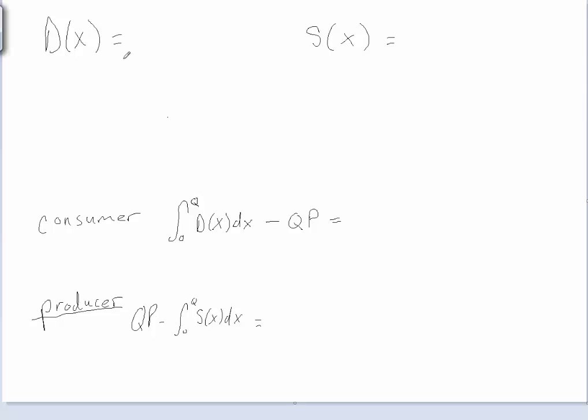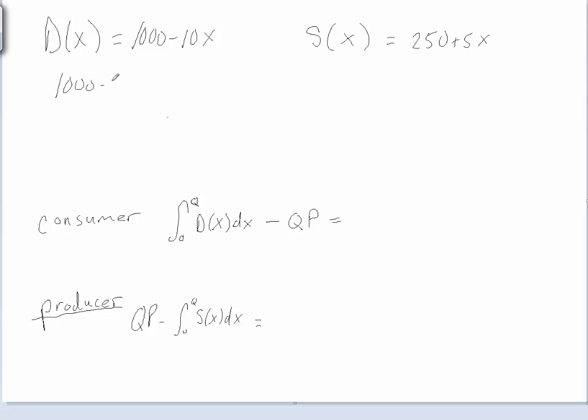So let's try another one. So we've got 1,000 minus 10x. That'll be our demand function. And then 250 plus 5x will be our supply function. Again, first step is we want to find the equilibrium point.